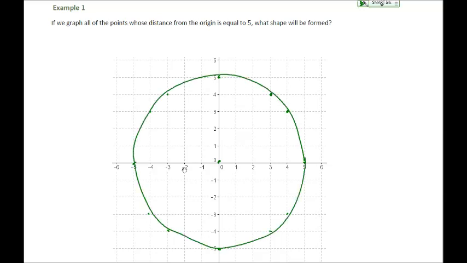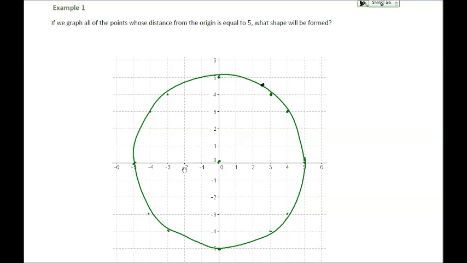So if I were to connect all those points, I get a circle. And it should be a circle because way back in Module 1, we defined a circle to be the set of all points that are distance r from point C, which is what we have here. That distance r is 5 in this case, and the center C is the origin. Now the focus of our lesson today is deriving the equation for a circle.